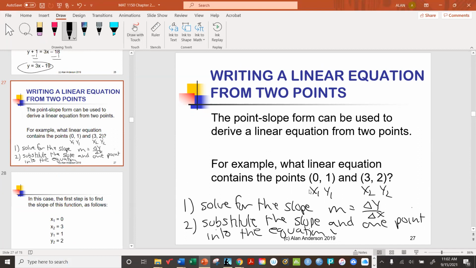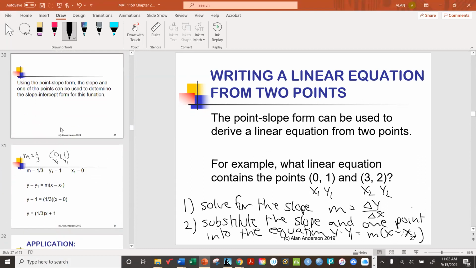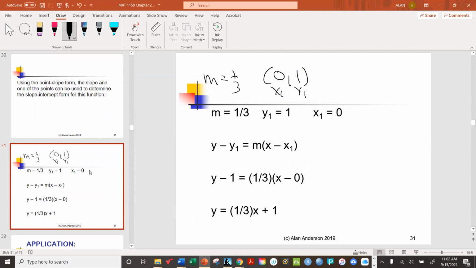Y minus y1 equals m times x minus x1. Okay. And now it's just a question of you make the substitutions. So here's your y1, and here's your x1, and here's your slope.